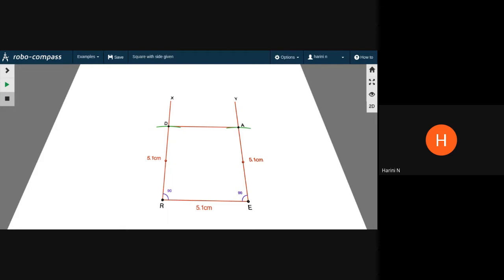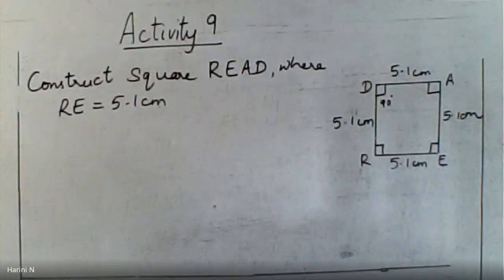Yes, ma'am. Good. So I think we will get back to the board now to write the steps of construction. We have to write the procedure part, that is the steps of construction.